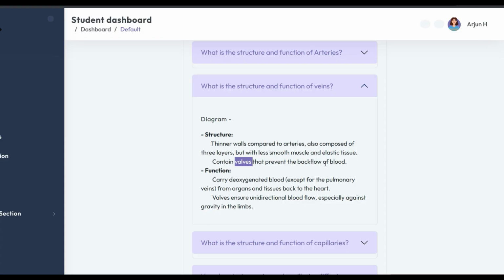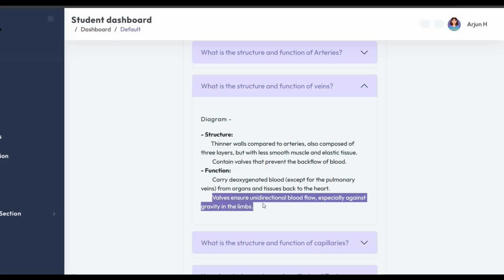There's no strong force that is pushing it up, right? So the function is to carry deoxygenated blood, except for pulmonary veins, that is from the lungs. We'll discuss that. From organs and tissue back to the heart. Valves ensure unidirectional blood flow, especially against gravity in the limbs.